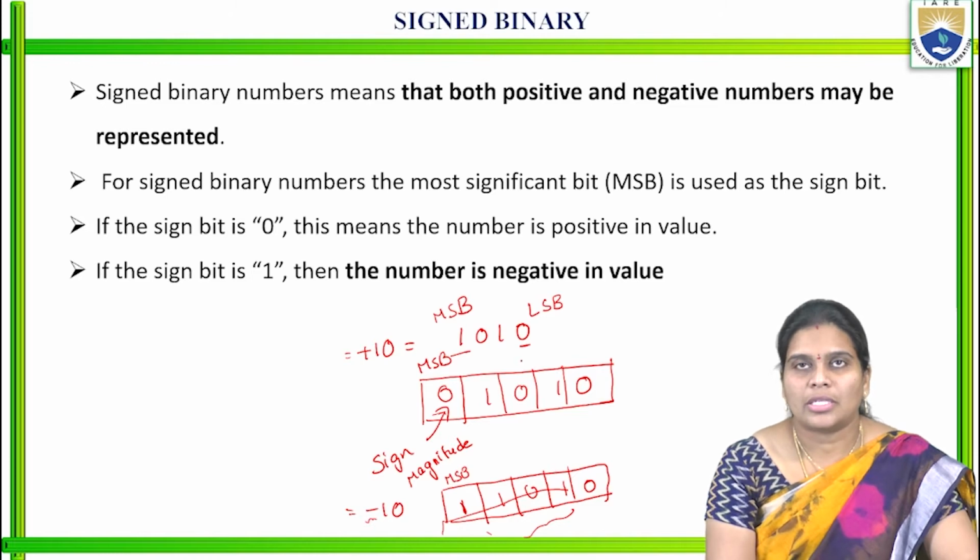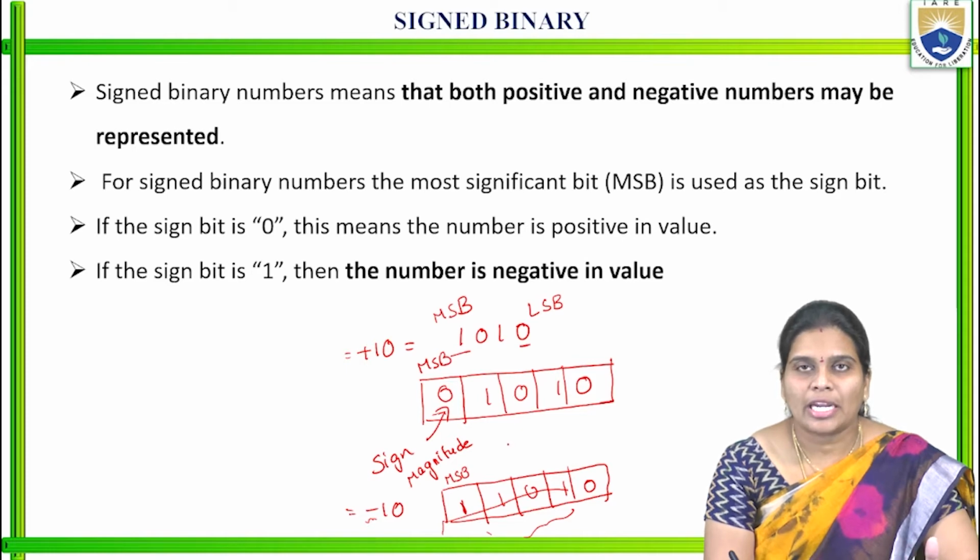Okay, so these are the signed binary numbers. In signed binary numbers, it depends on the positive sign and negative sign. If the number is positive, the MSB bit is written as 0. If it is negative, the MSB bit is written as 1. This is the signed magnitude representation.